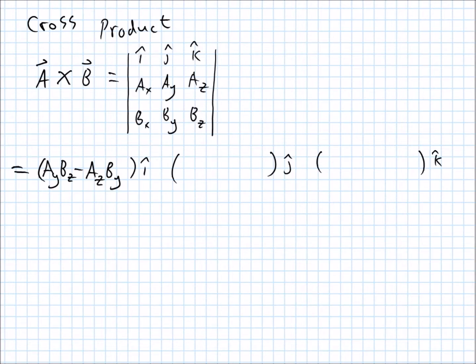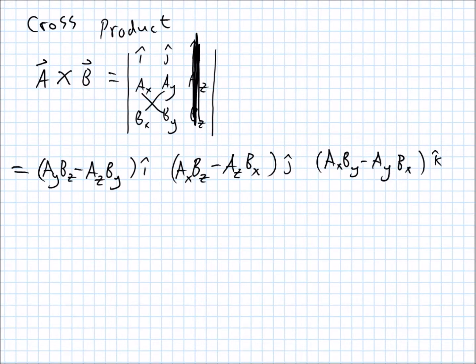So now we're going to cover up the J component, the J column, and it's this times this minus this times this. AX BZ minus AZ BX. Now we're going to cover up the K column for the K component, and it's AX BY minus AY BX.